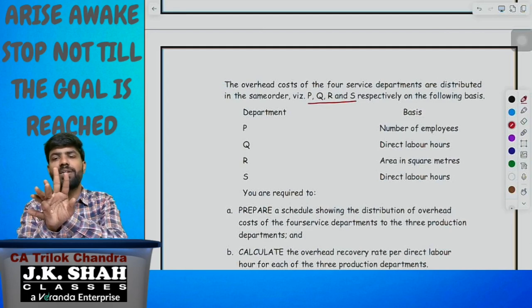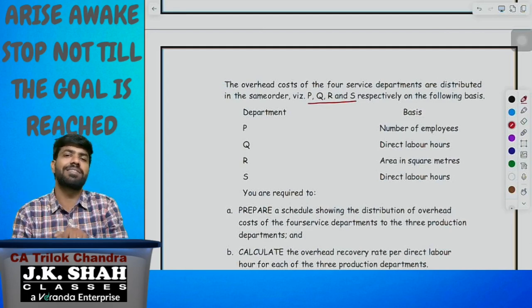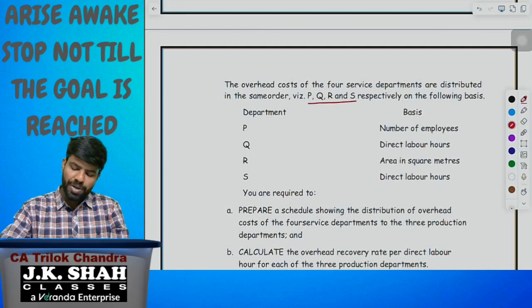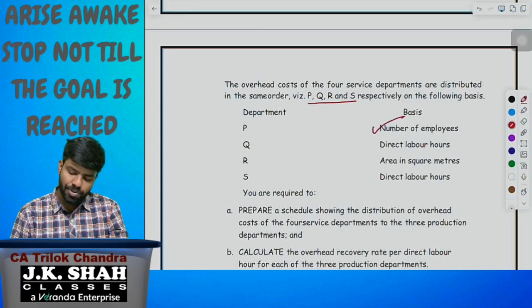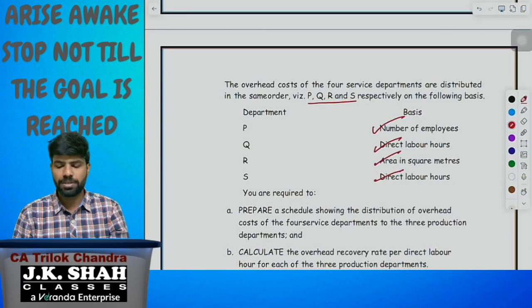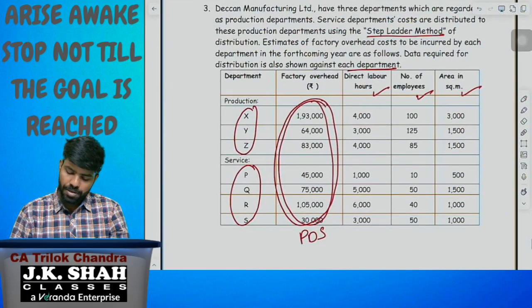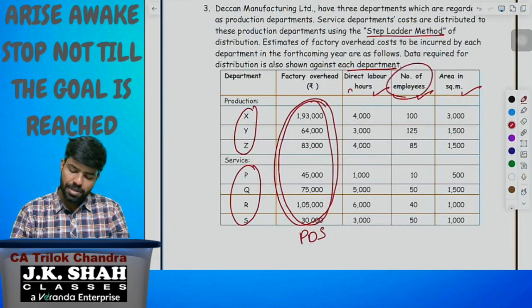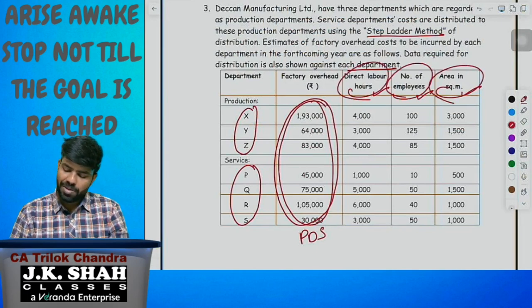So first apportion P, then Q, then R, then S. P should be apportioned based on number of employees, Q direct labor hours, R area in square meters, S direct labor hours. Here they have given the information: number of employees, direct labor hours, area in square meters. On that basis, we are going to apportion.